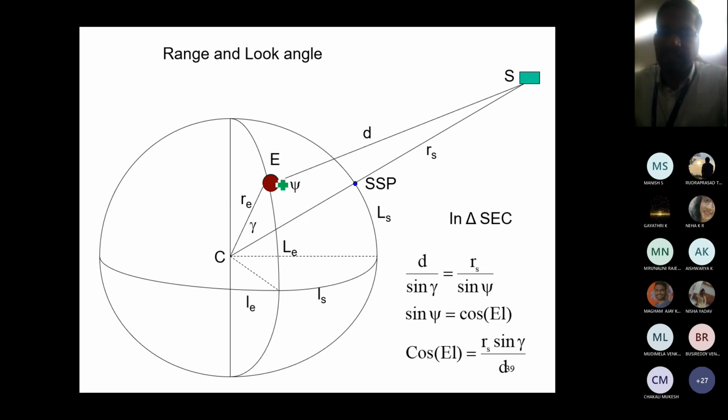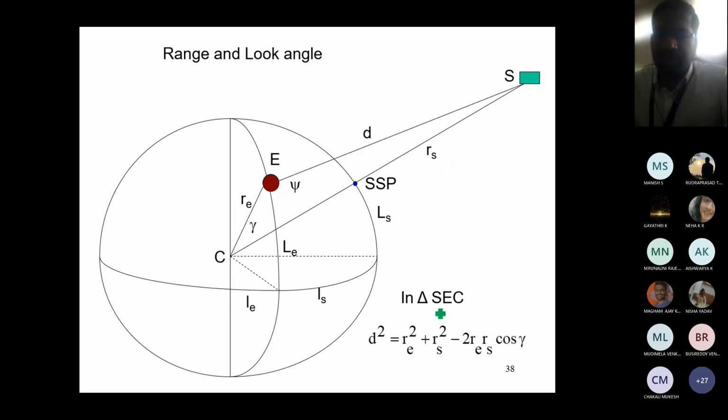Hence, d is one side of the triangle, so d divided by sine of gamma is equal to rs. rs means the distance from C to S, where the center of the Earth is C and the satellite is S, which is one side of the triangle, and the angle in front of this side rs is psi. So rs divided by sine of psi. This equality we can make in any triangle.